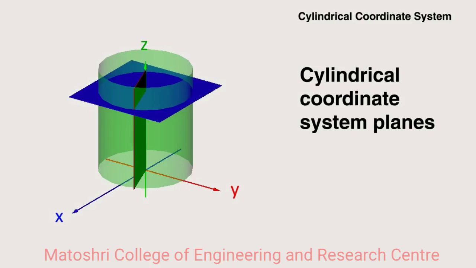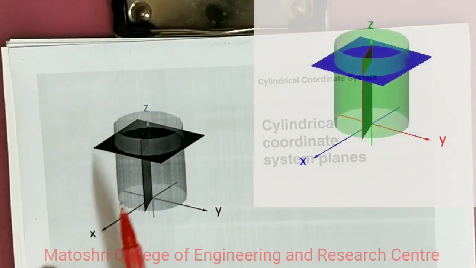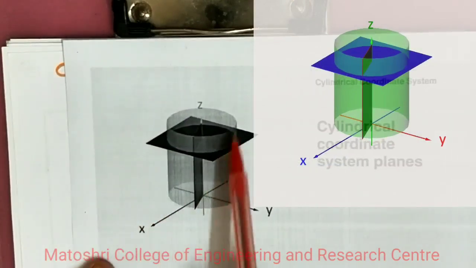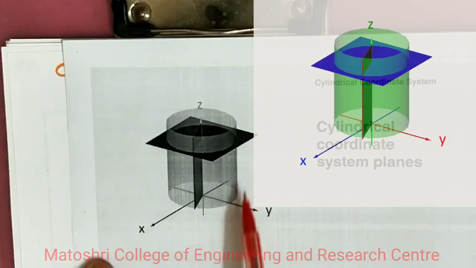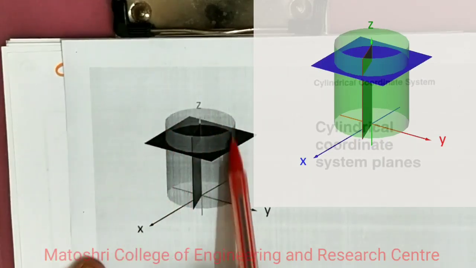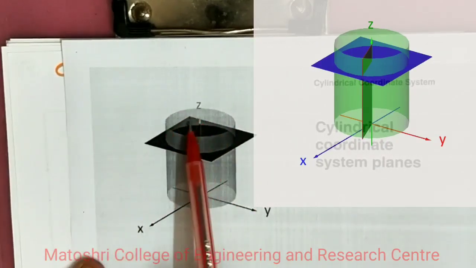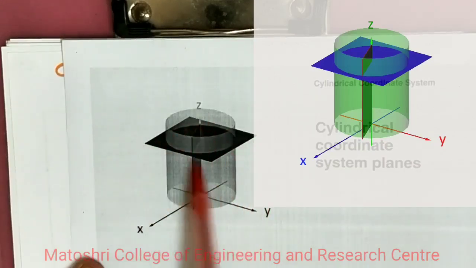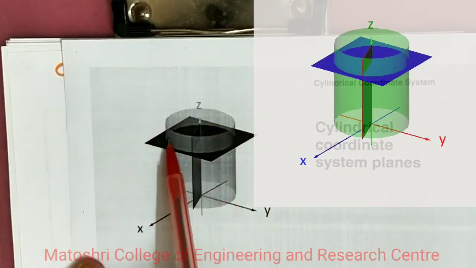So let us see it in this particular figure. It is being shown how a point is located. The point is nothing but the intersection of three different surfaces. First is a constant radius cylinder. This is how it is being shown. Second one is z equals constant, the height is constant, and an infinite plane cuts the cylinder.